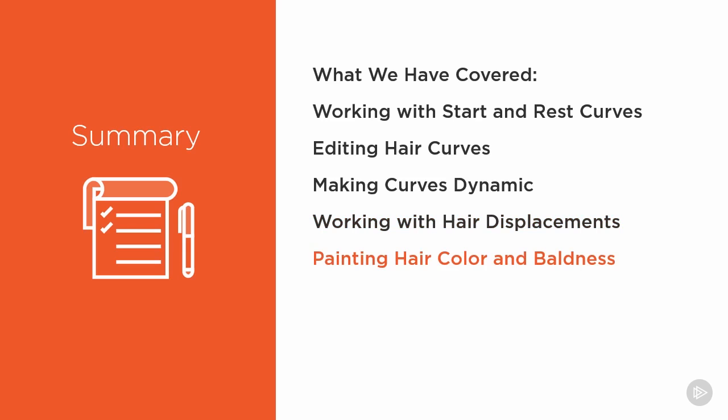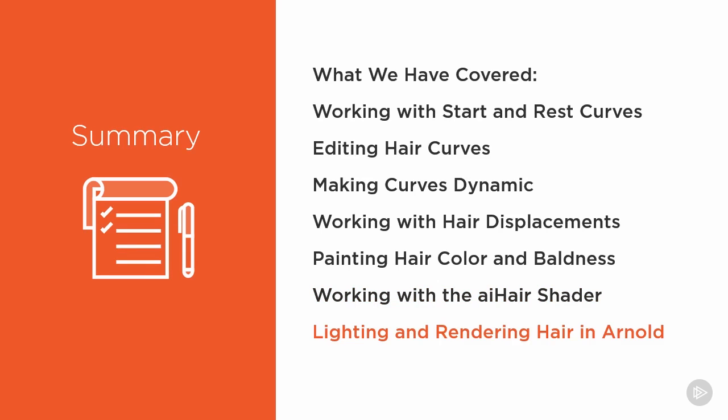We then took a look at painting hair color and baldness maps, and we took a look at working with the AI hair shader. And of course, we just finished up by taking a look at lighting and rendering hair in Arnold.